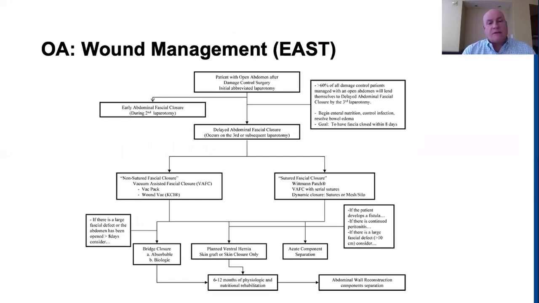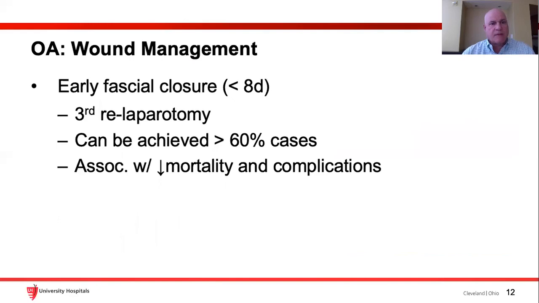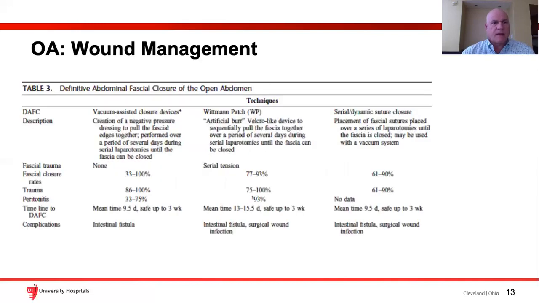AAST provides a comprehensive algorithm to wound management, which will be reviewed in the following slides. Most patients can be managed with early fascial closure on the takebacks, generally by the third re-laparotomy. And if achieved, and it can be in about 60% of cases, this is associated with decreased mortality and complications.